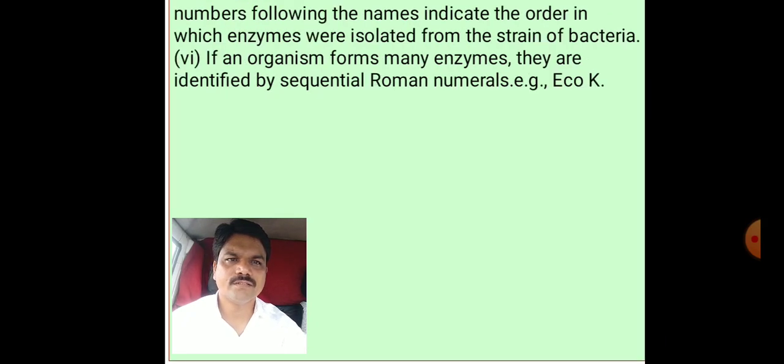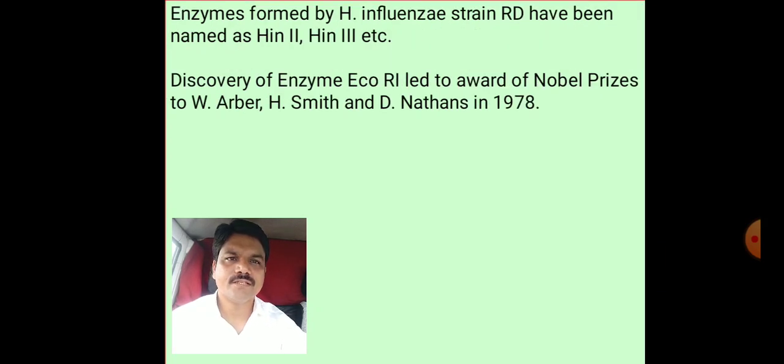Numbers following the names indicate the order in which enzymes were isolated from a strain of bacteria. If an organism forms many enzymes, they are identified by sequential Roman numerals. Example: EcoK. Enzymes formed by H. influenzae strain Rd have been named Hind II and Hind III etc.